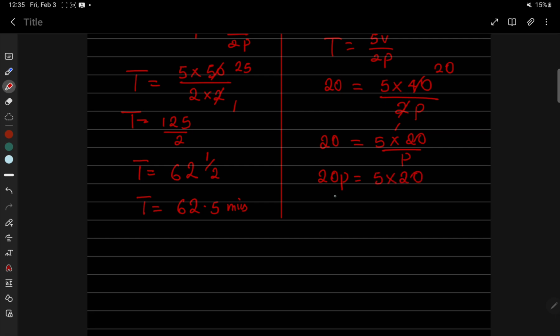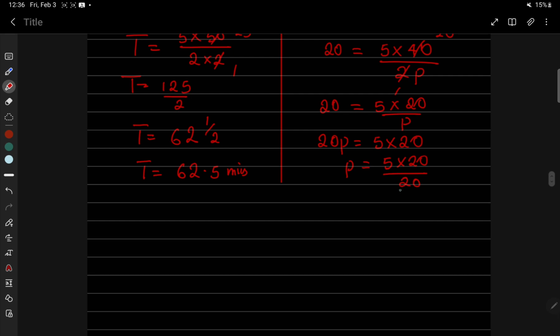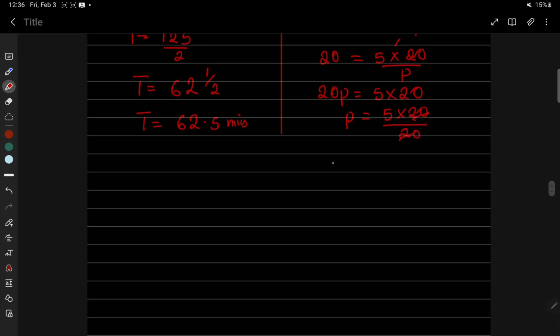So we divide both sides by 20. P becomes 5 times 20 all over 20. Of course, this will cancel this out. So my P becomes 5. So the number of pumps is going to be 5 pumps. That is, P is 5 pumps.